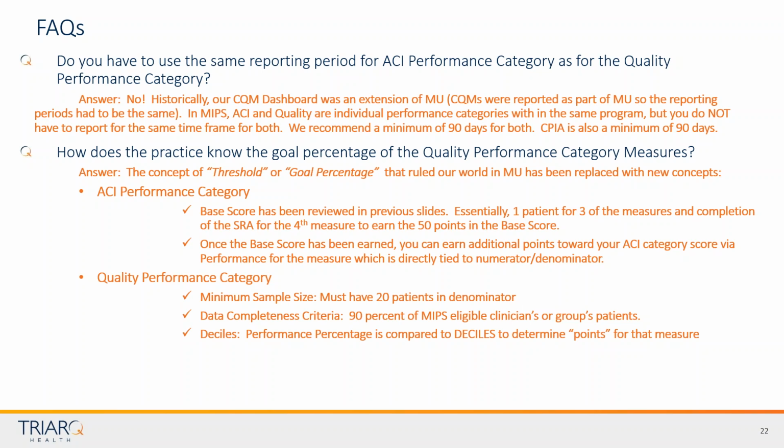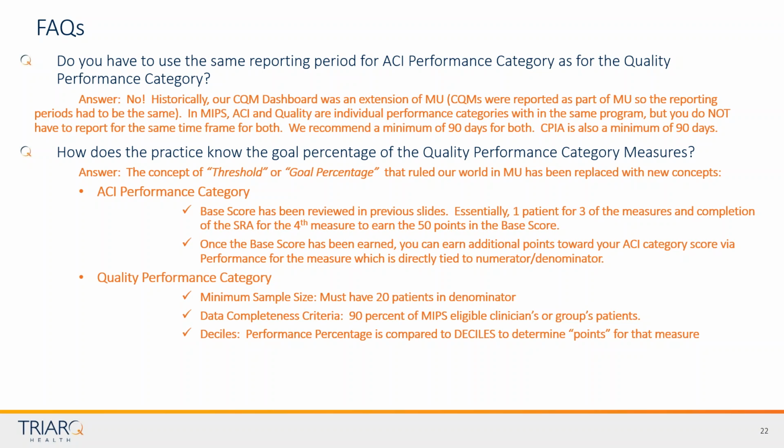But in MIPS, ACI and quality are really individual performance categories within the same program, and you don't have to report the same time frame for both. That being said, we do recommend a minimum of 90 days for both, and CPIA is also a minimum. So let's keep it simple for everybody, and let's say we're going to do a minimum of 90 days.